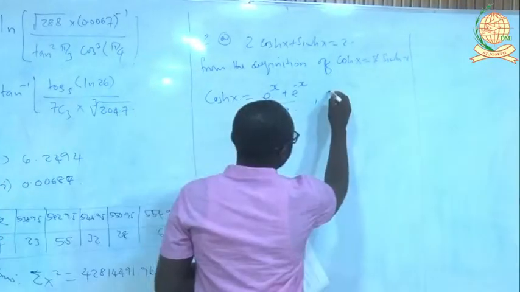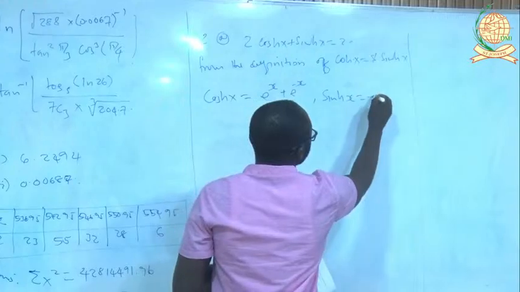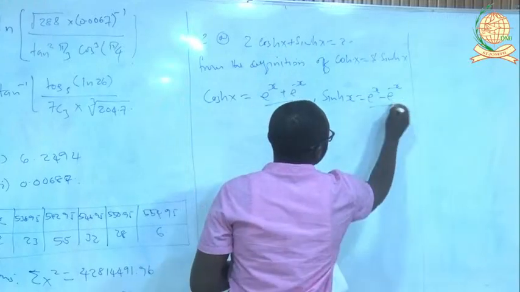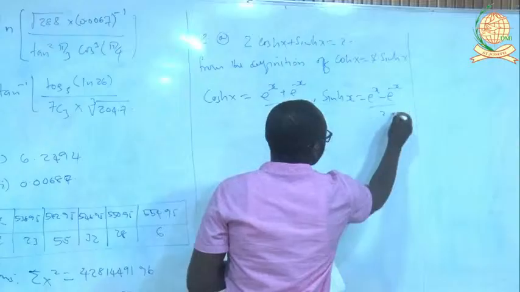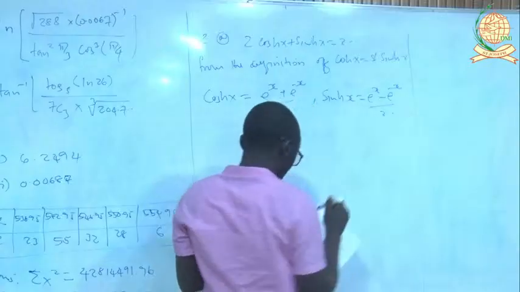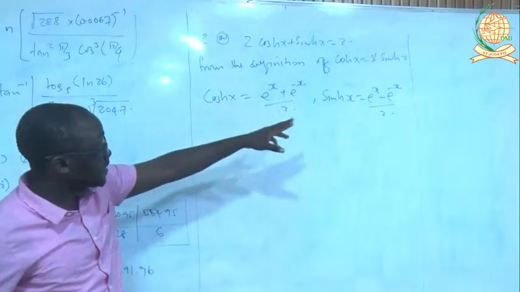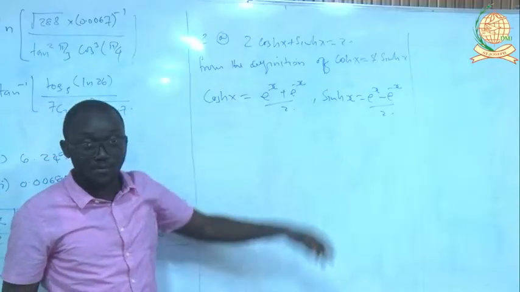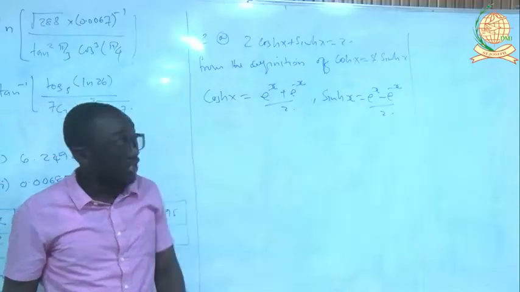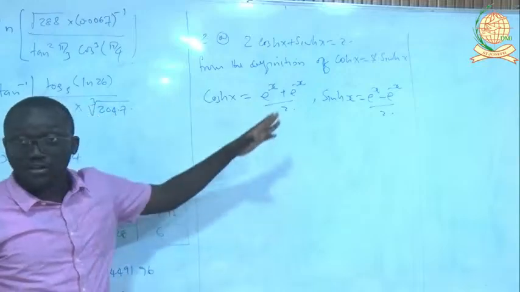And again, the mathematical definition of sinh x is e to the x minus e to the negative x out of 2. That one is the definition of the hyperbolic sine, which we call sinh.